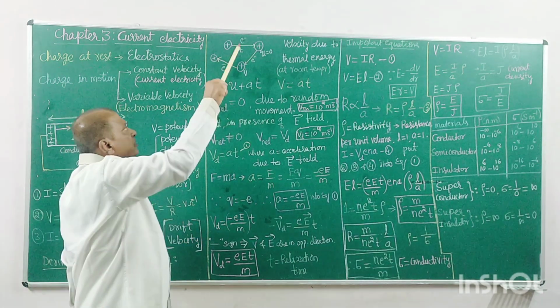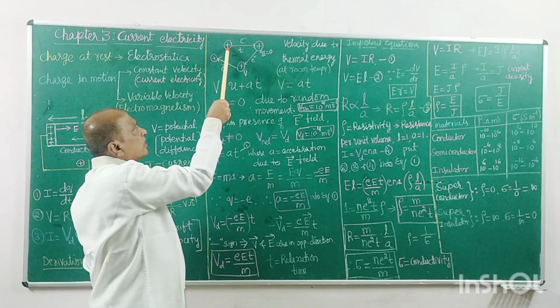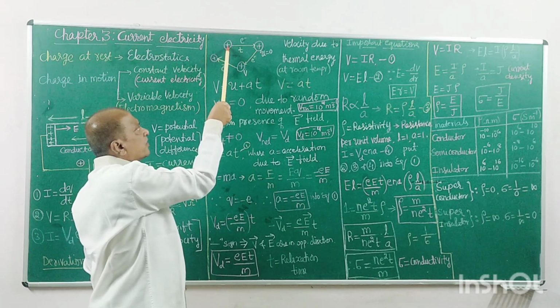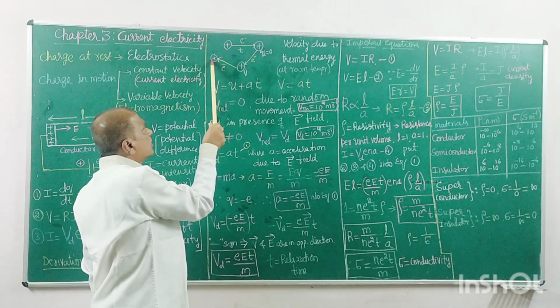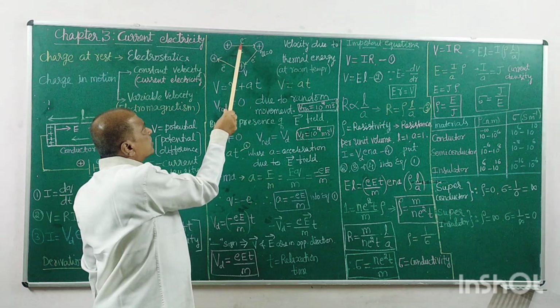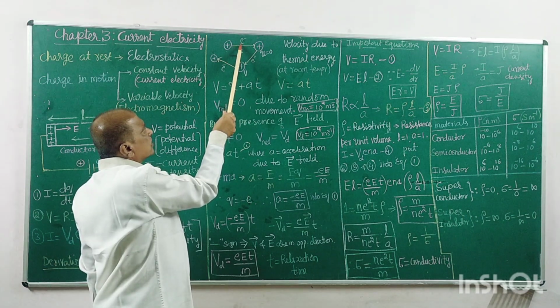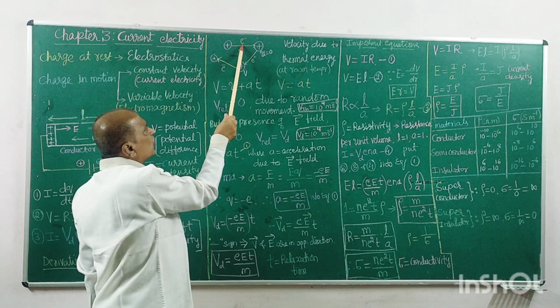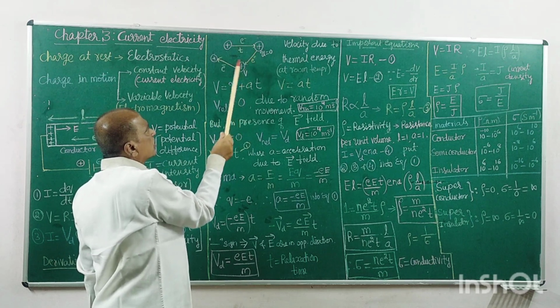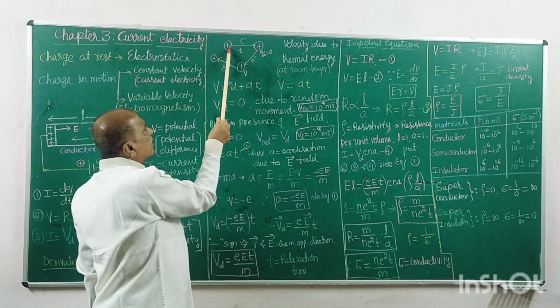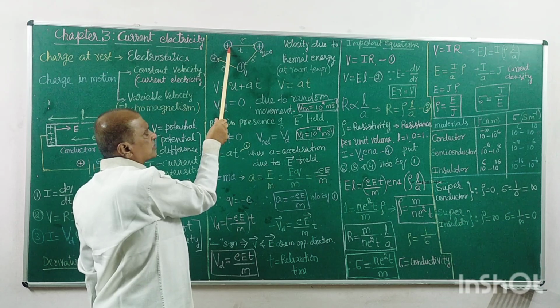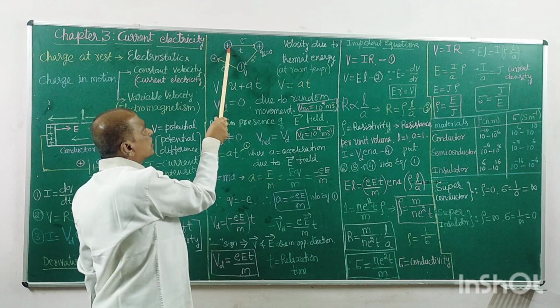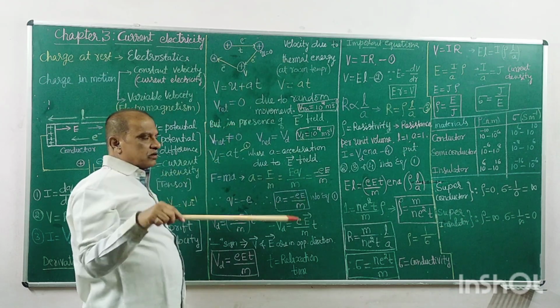These positive ions are fixed, just like atoms. The electrons, after leaving, become free electrons, and they flow freely in the material. These atoms, after losing electrons, are called kernels, carrying positive charge. They are fixed in the crystal, in the conductor.